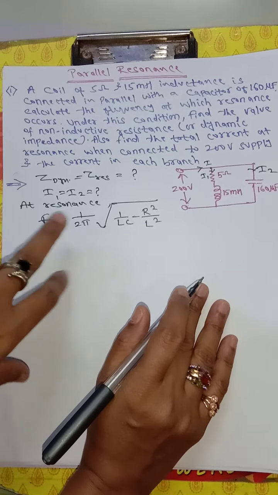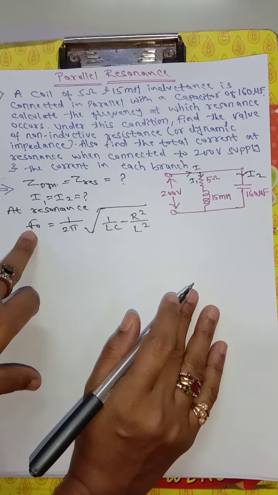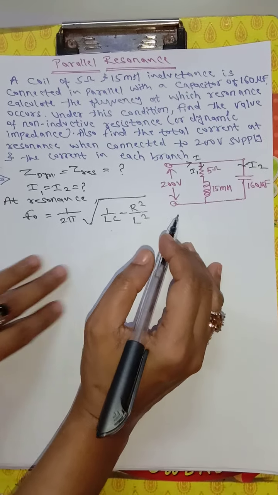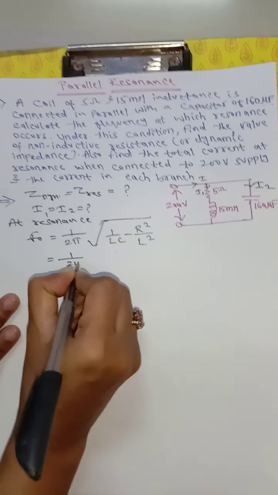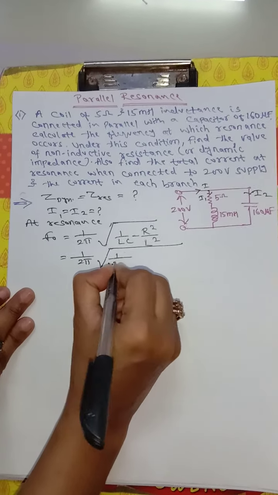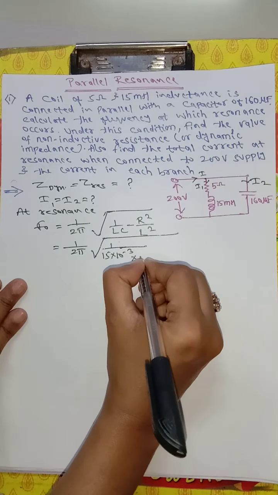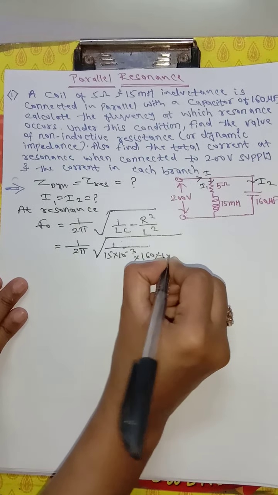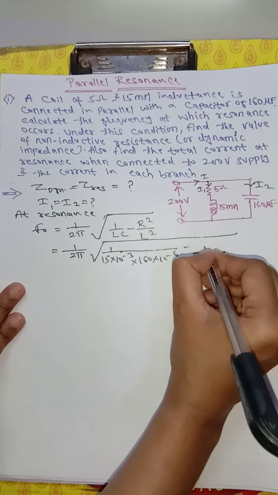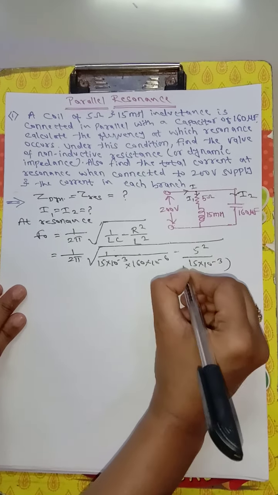Now how can we calculate this resonance frequency? The formula for the practical parallel resonance is F0 equals 1 by 2 pi root of 1 by LC minus R square divided by L square. Just substitute the values: 1 by 2 pi, root of 1 by L times C, where L is 15 into 10 raised to the power minus 3 and the capacitor is 160 into 10 raised to the power minus 6, minus R square, that is 5 square, divided by L square, that is 15 into 10 raised to the power minus 3 whole square.